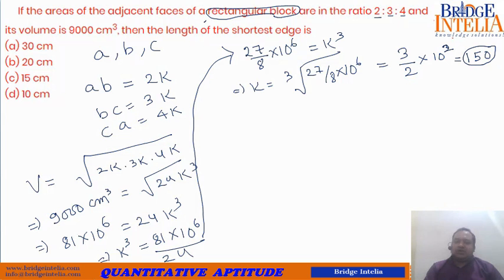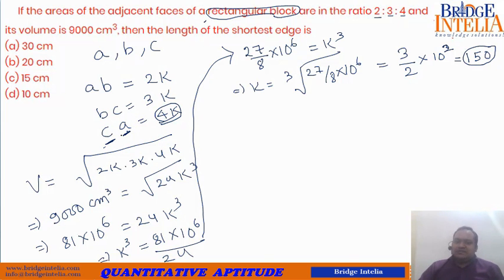So now you have found the value of K, then how can you find the shortest edge? So you see C and A must be the two largest sides, because their area has come out to be the largest. So the smallest area will involve the smallest side. The largest area will come only when you have chosen the two largest sides. So this 4K does not include the shortest side.